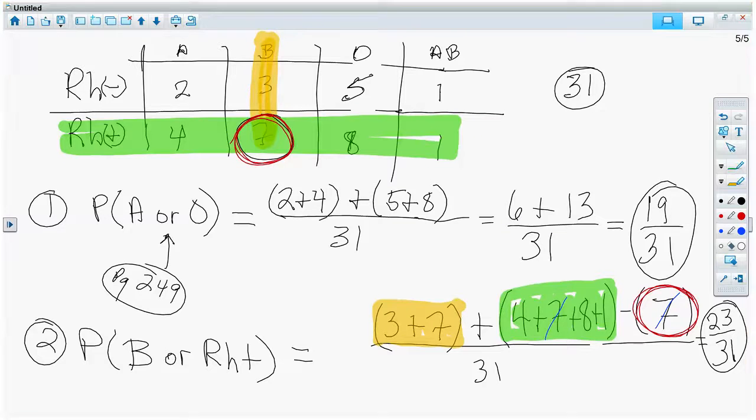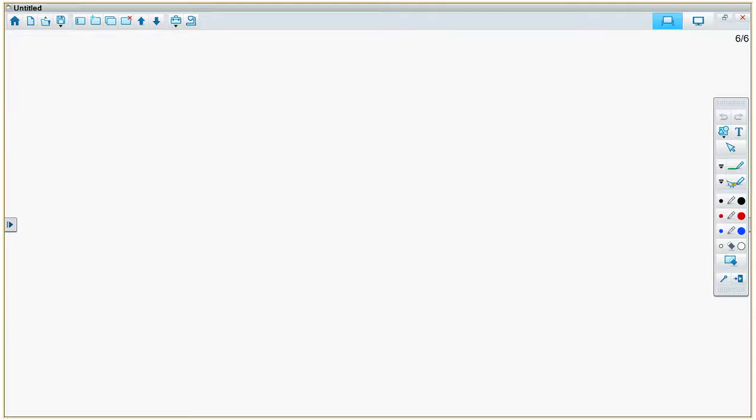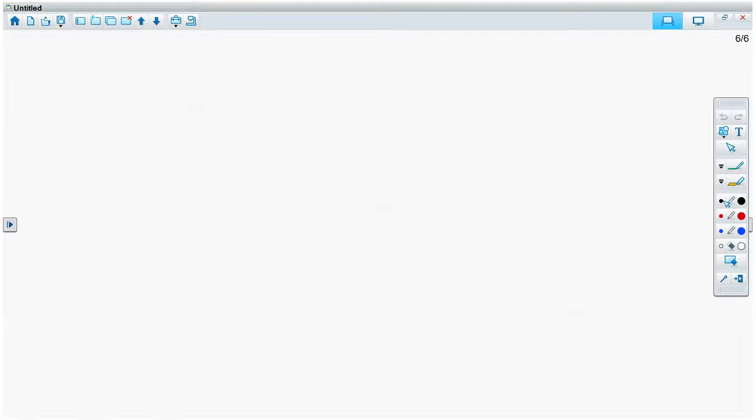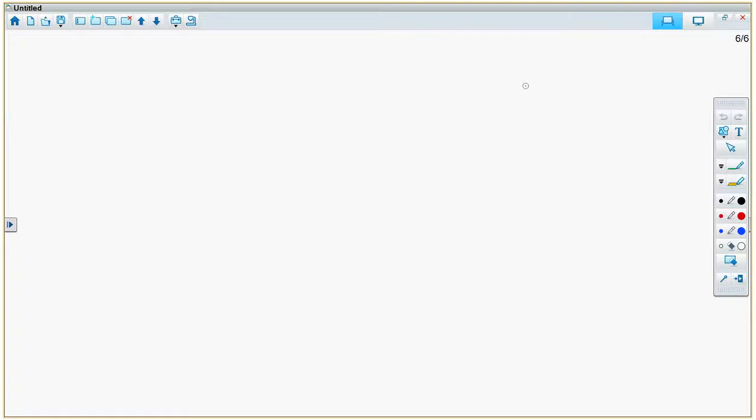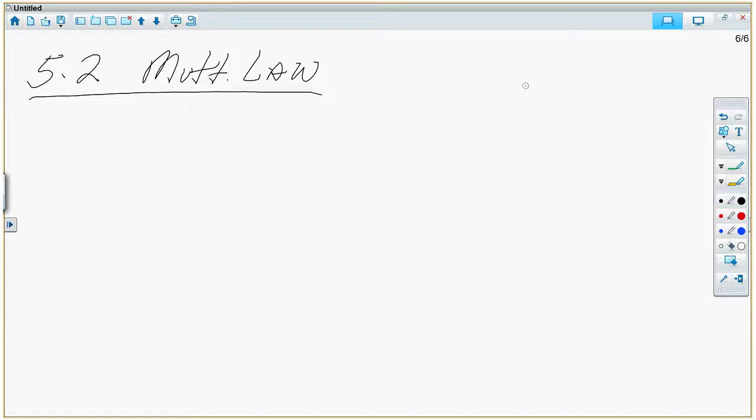So, the multiplicative law. Again, it has two things that you need to remember. And that's 5.2. 5.2 is the multiplicative law. That's supposed to be an L. Multiplicative law. Mult law. 5.3, I'm sorry.